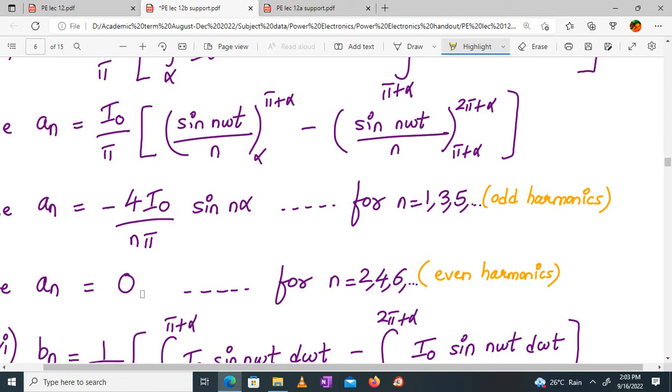So An is minus 4 I naught divided by n pi into sine n alpha. What is alpha? Firing angle.